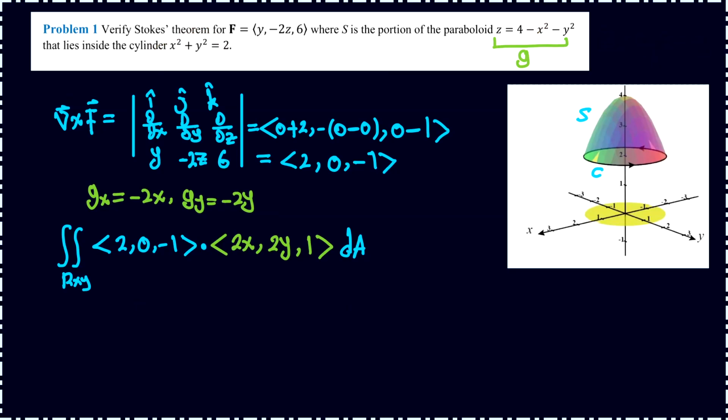Okay, well, basically, again, you can see here that since the cylinder has a radius of root 2, not 2 but root 2, then this projection is going to have a radius of root 2. Okay, so let me draw that projection.